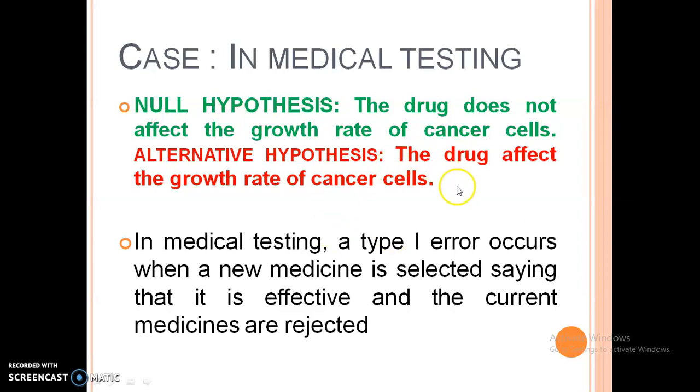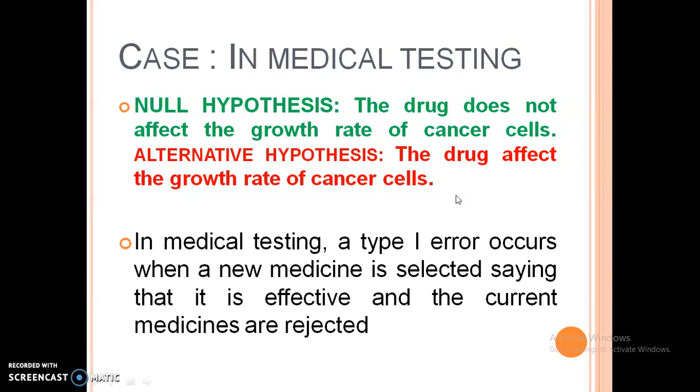Now we will see a type 1 error, which can occur when we say that the medicine is effective and the current medicine is rejected. I repeat, if I am saying that the current medicine is rejected on the basis that the new medicine will be more effective, which it is not, then I am making a type 1 error. Why? Because a particular medicine is already prevailing in the market and curing the patients, and I stop that medicine and introduce a new medicine which is ineffective.